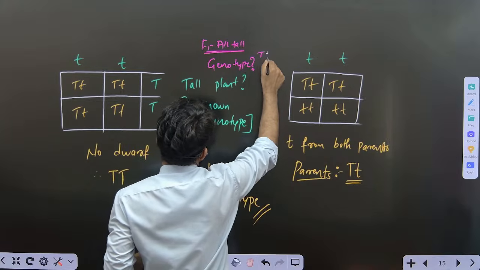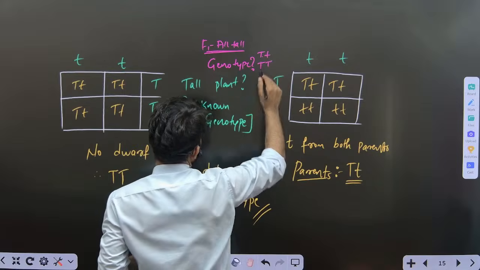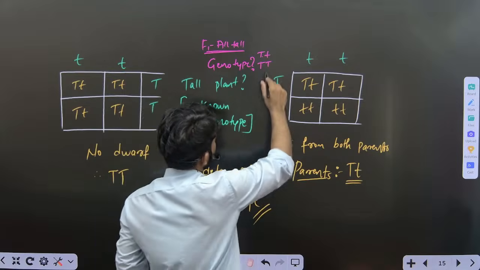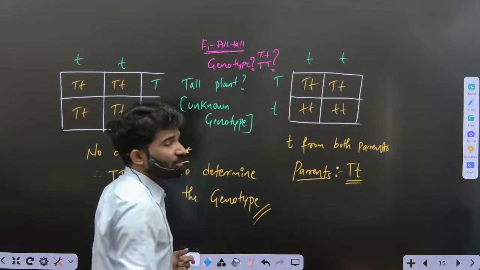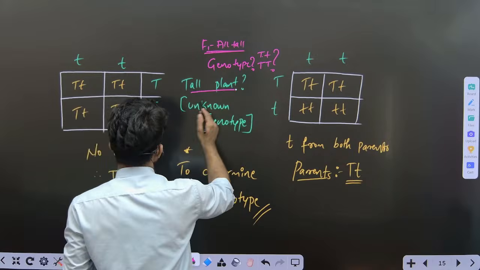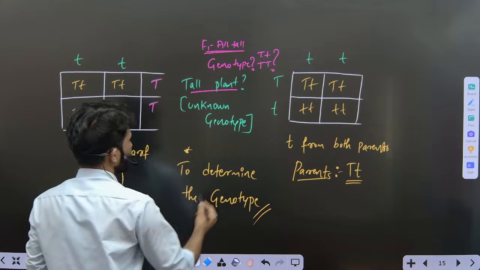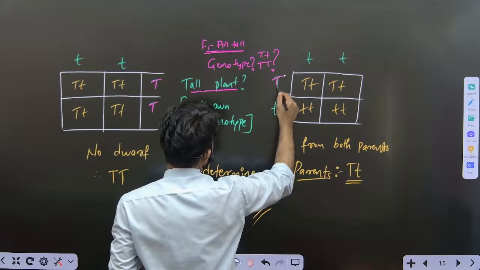How are we going to test it? The tall plant may be capital T, small t, or either it may be capital T, capital T, right?